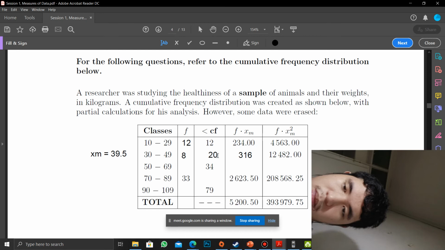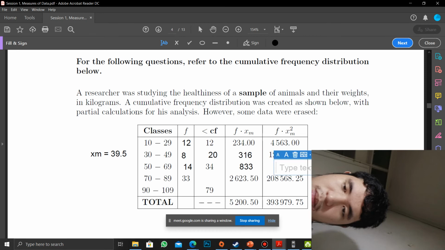Next. Ang cumulative frequency of everything is 34 until here. So, 34 minus 20 is 14 dapat nandito. So, F times XM, 14 times 50 plus 69 divided by 2, which is the class mark, that is 59.5, you get 833.